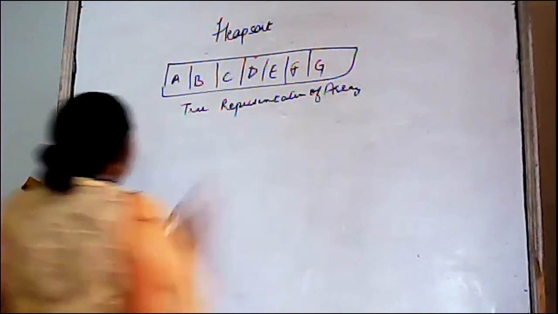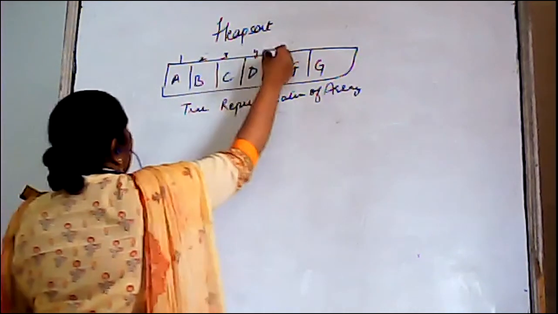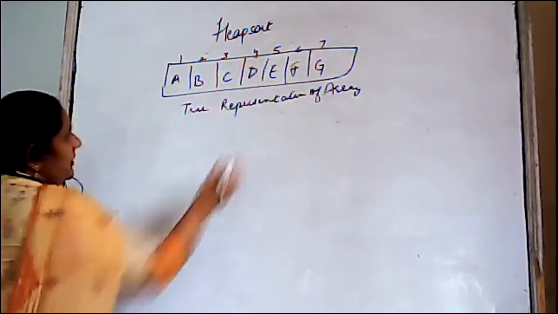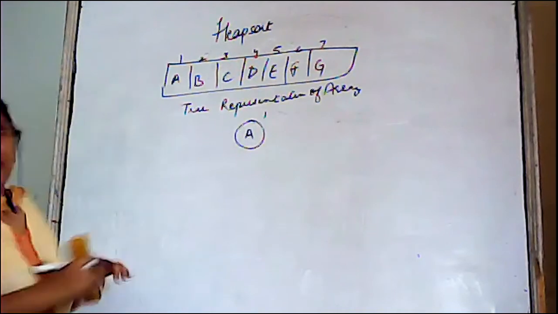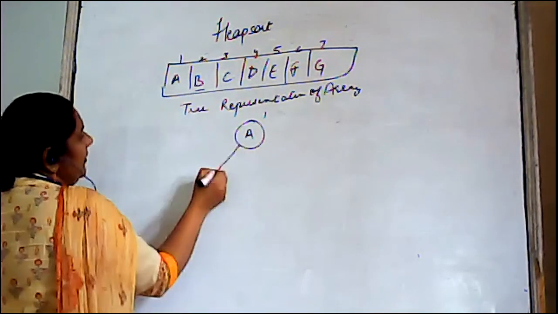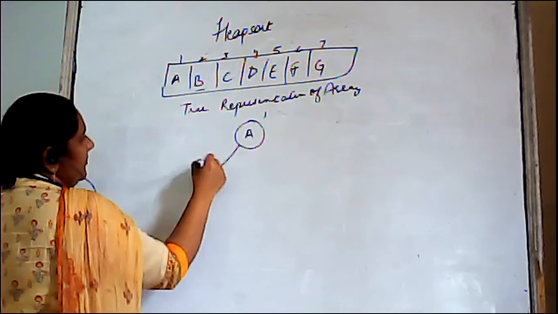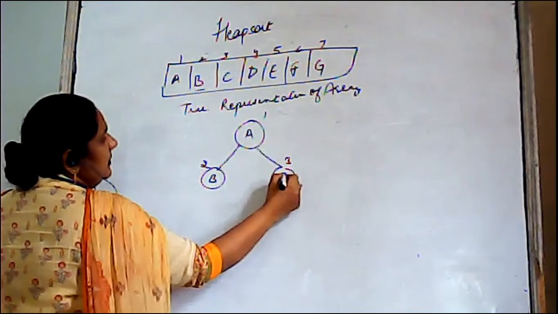How will we be doing it? See, 1, 2, 3, 4, 5, 6, 7. Index 1 will be A. Left child is at 2i. 2 into I will be second index, so B. Right child will be at index 3.